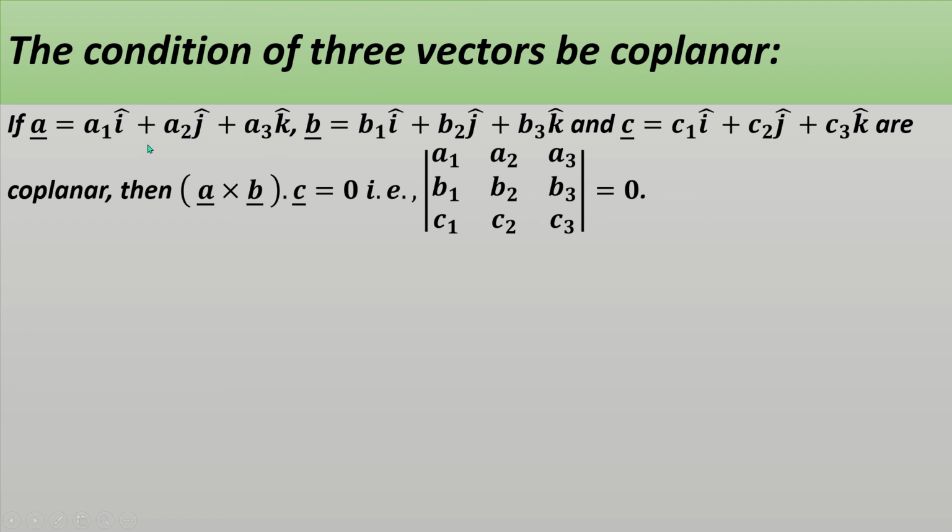That's the coefficients of the vector a, the coefficients of the vector b, and the coefficients of the vector c, equal to 0. That means if the determinant of the coefficients of a vector, b vector and c vector is 0, then we can say the vectors are coplanar, that means they lie on the same plane. Clear everyone?